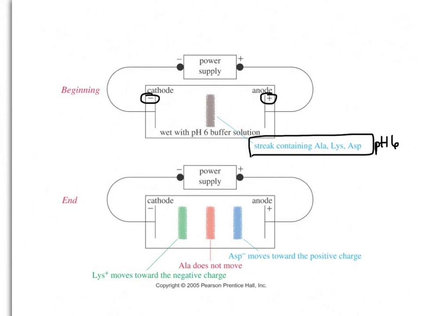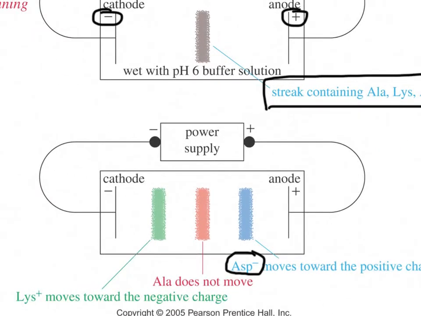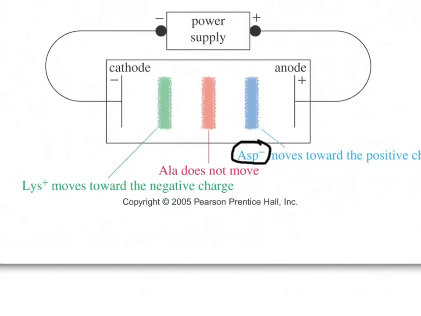Species that have a negative charge are going to be attracted to the positively charged electrode, because opposite charges attract. So the aspartic acid had the negative charge, and they're showing that here as ASP minus. So the aspartic acid, with its negative charge, moved out of its little streak and moved toward the positive electrode.